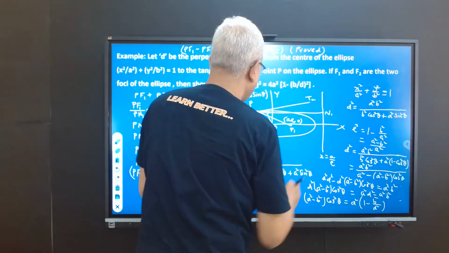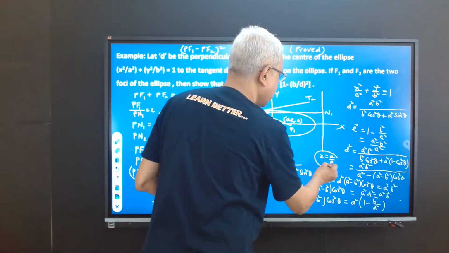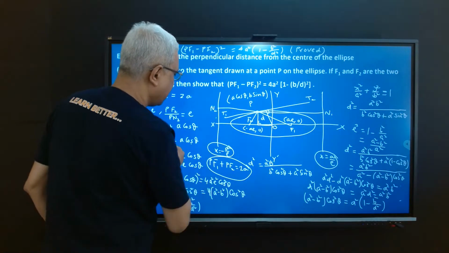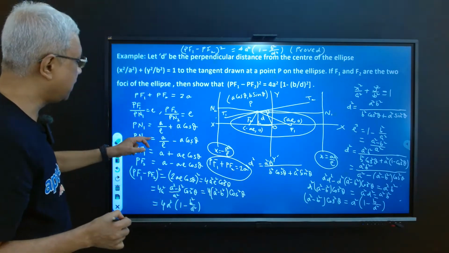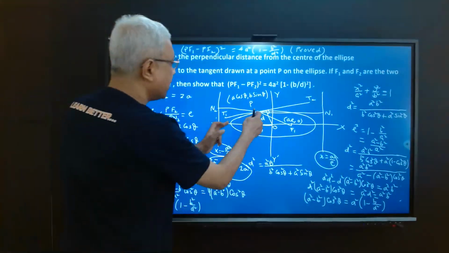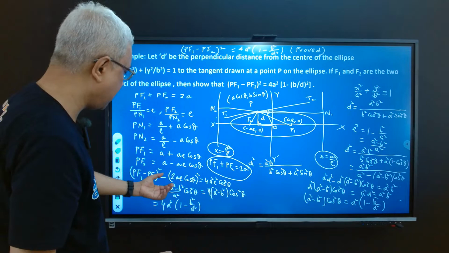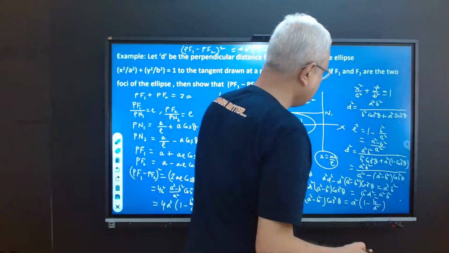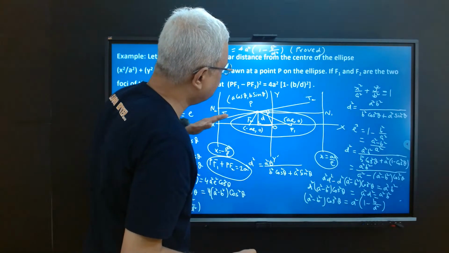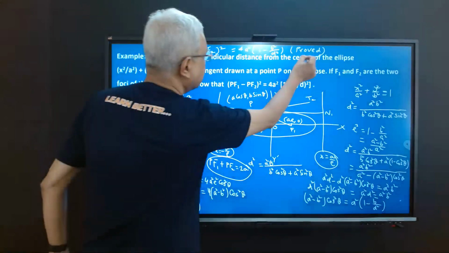So Pn1 is actually a cos theta plus a by e, because this directrix equation is x equal to a by e, and the other directrix equation is x equal to minus a by e, and therefore Pn2 is actually, this much length, a by e minus a cos theta. Then I have just taken the difference, squared it, and from this expression, b is the perpendicular distance from origin on the tangent, and just adjusting and manipulating we could obtain this expression.